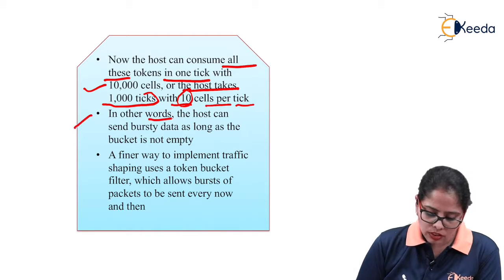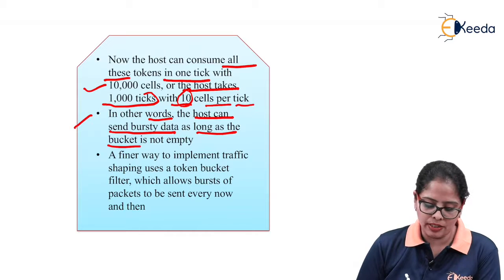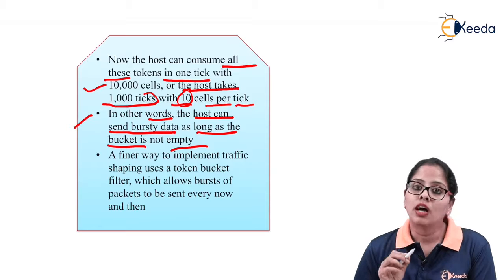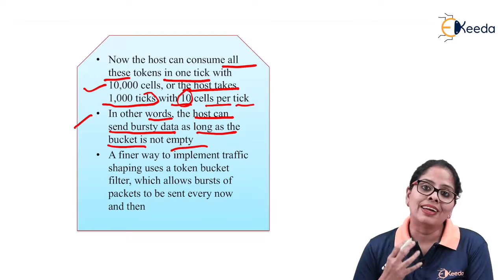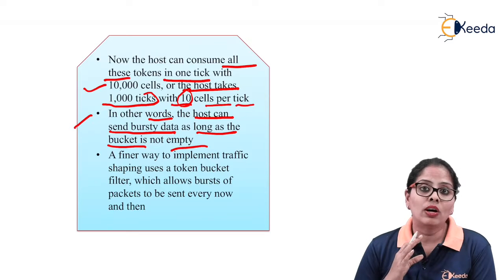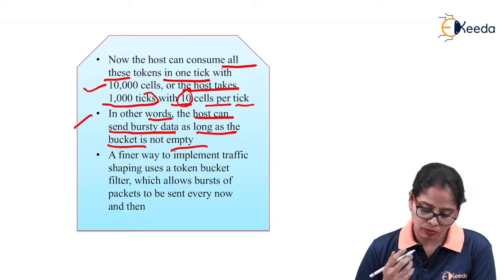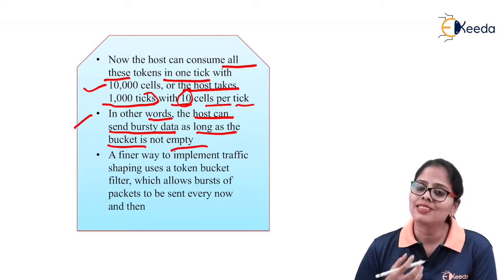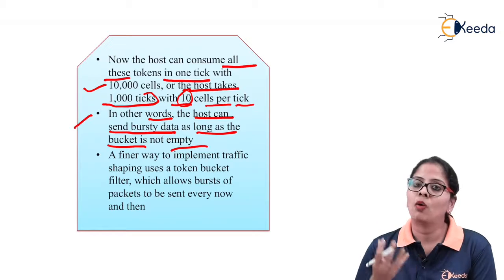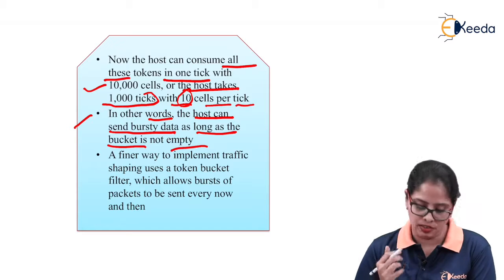In other words, the host can send bursty data as long as the bucket is not empty. When my bucket is empty, meaning when I don't have tokens, at that time you can't send packets. Now I have 1,000 tokens, then I'll send thousands of packets. So here you can send bursty data. According to how many tokens there are in the bucket, you can send the data.